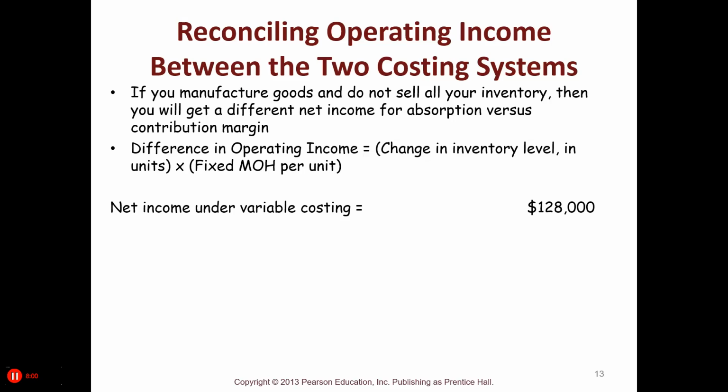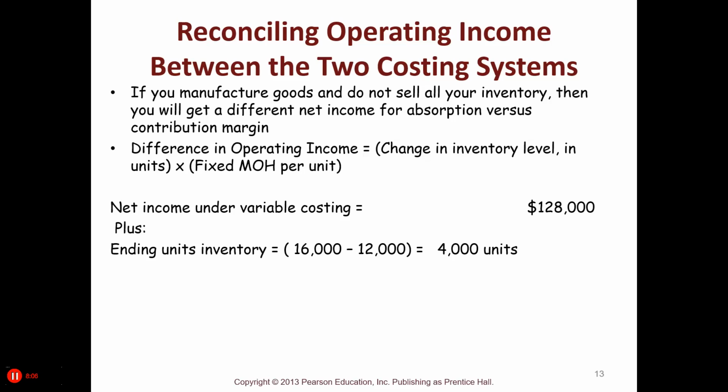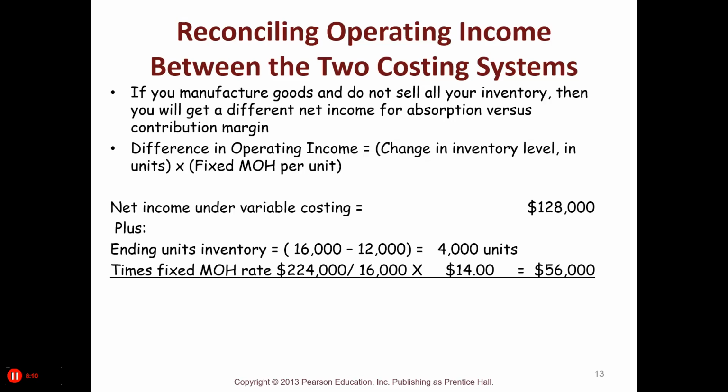So we had net income under variable costing of 128, plus ending units in inventory of 4,000 times the average fixed manufacturing overhead rate of $14. When we add that to our net income under variable costing, we get our net income under absorption.